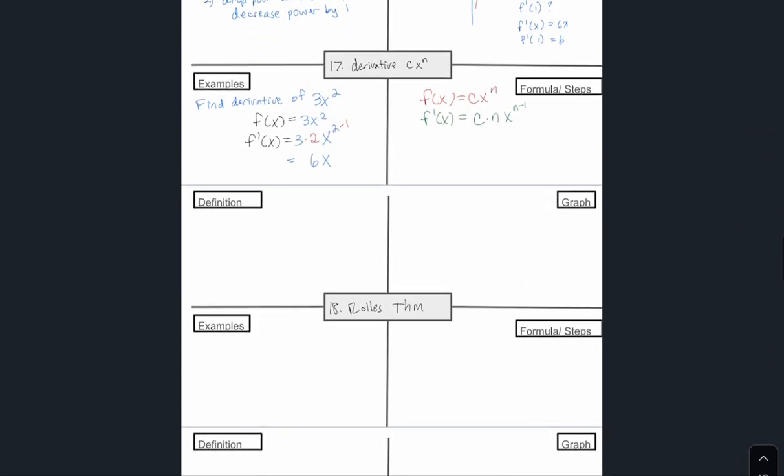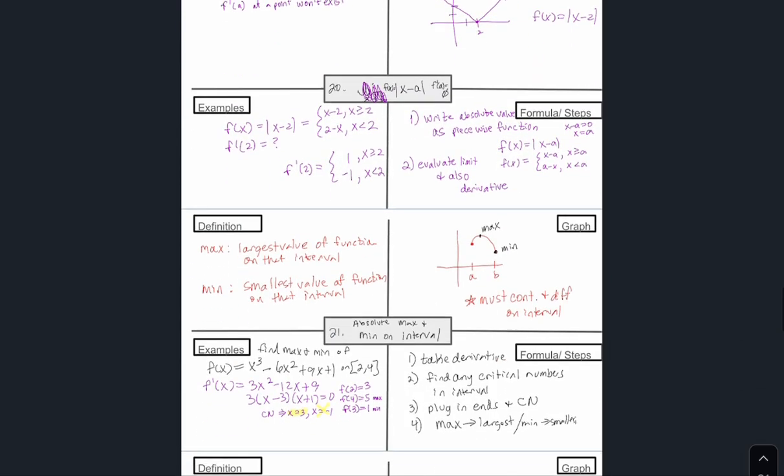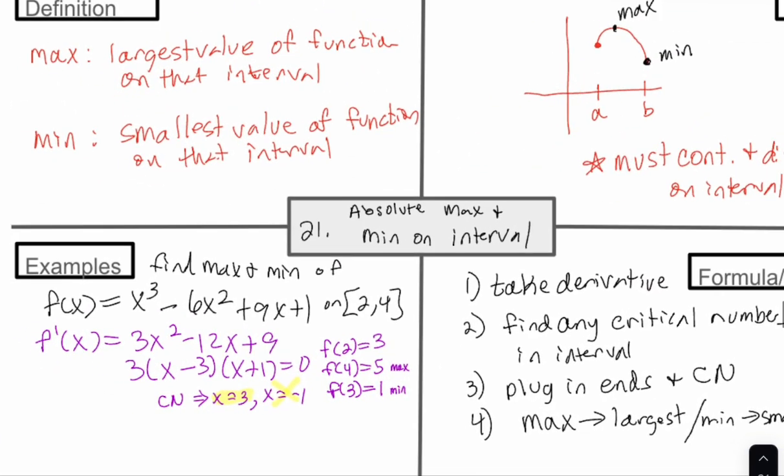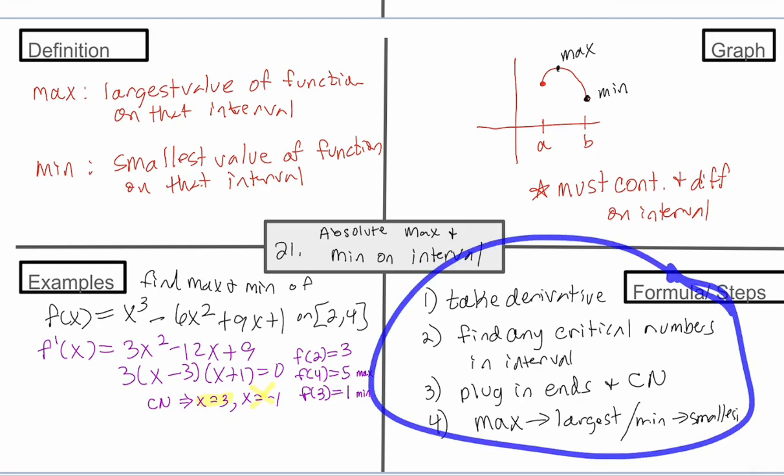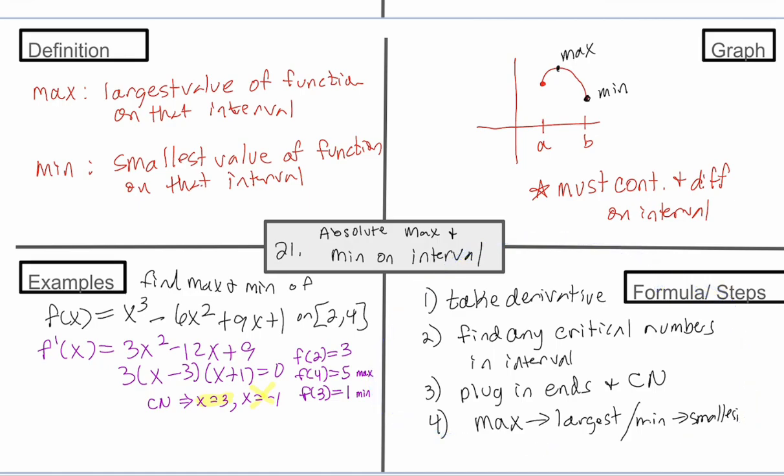It's 21. Thank you. So if we look at number 21, let's go over the rules. Okay? So let's follow these 4 rules. We are going to take the derivative, find any critical numbers in the interval, plug in the ends and the critical numbers. The max is your largest, the min is your smallest. Okay? So that's where that is really going to help you as far as a study guide and anything you want to write on your card.